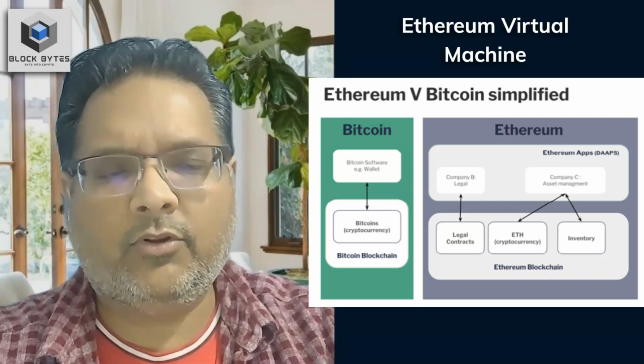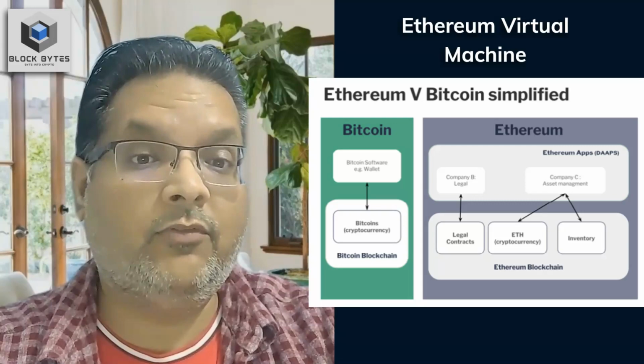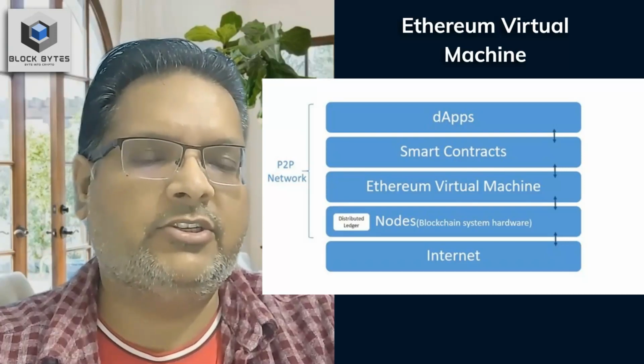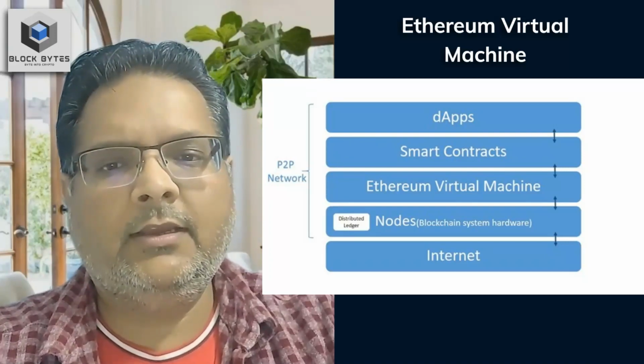The EVM is like a processor which gets input from all these different apps and users, which it then processes into actual changes onto the blockchain.